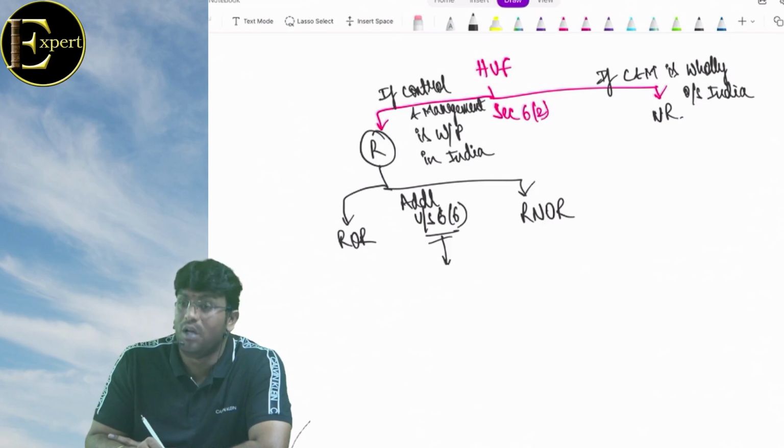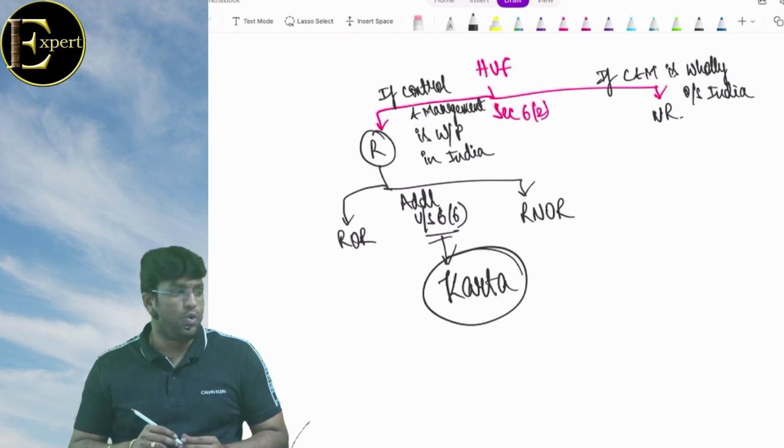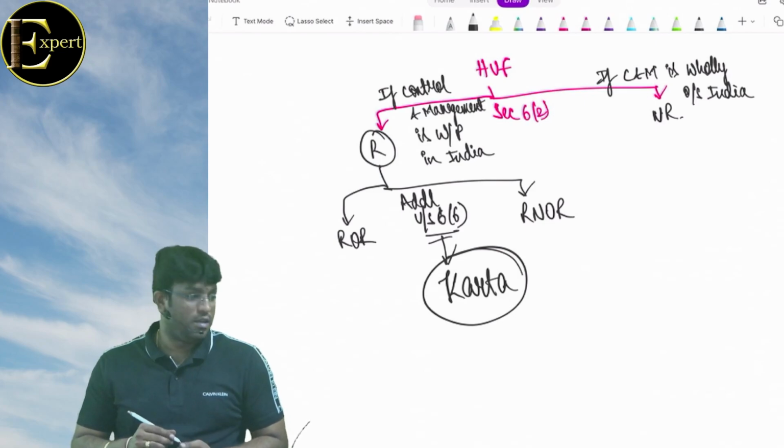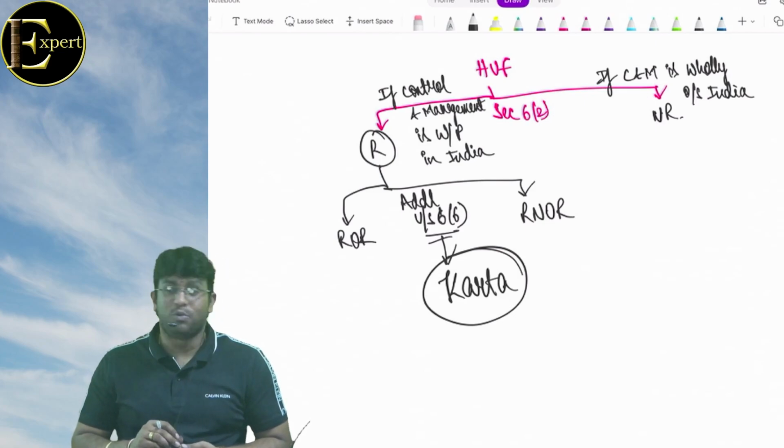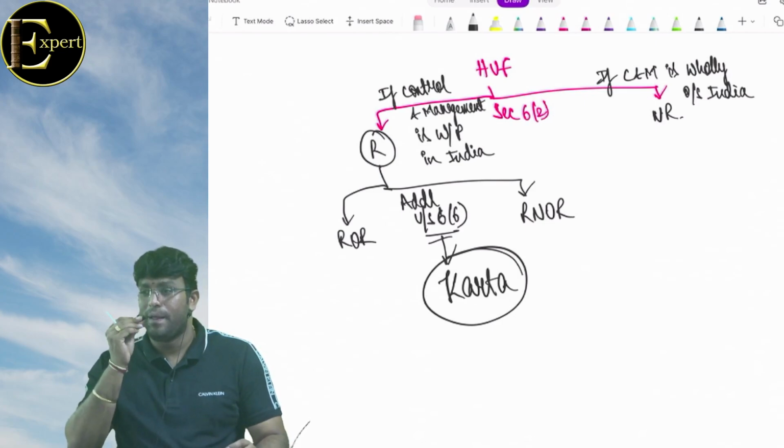Section 6(6) is the same only, no? Resident in 2 out of 10 years, and 730 days in the last 7. And who must satisfy this? Who is Karta? The head of the family. That's it.